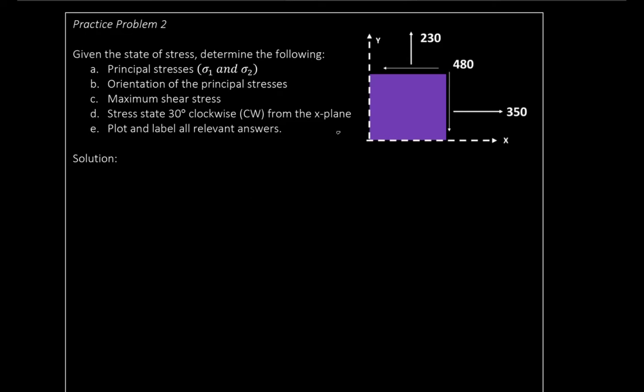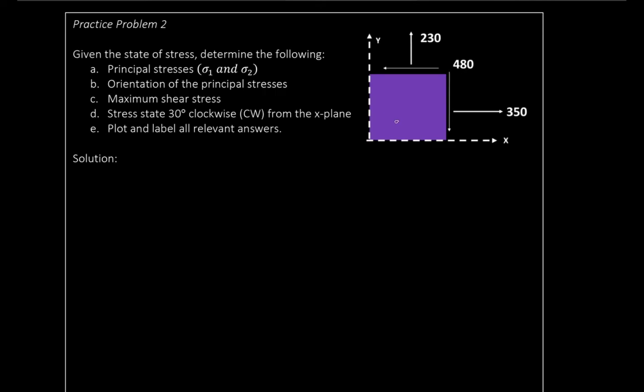And we are given this stress block. In this given stress state, we are to determine the principal stresses, the orientation of the principal stresses, as well as the maximum shear stress, and the stress state at 30 degrees clockwise from the x plane.